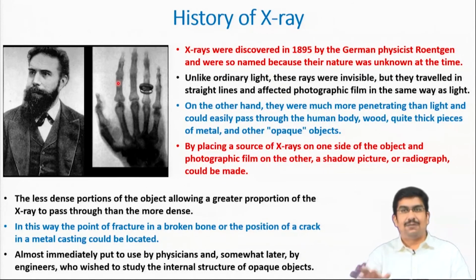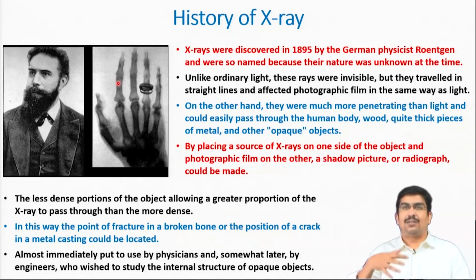So the first difference is that these are invisible to the human eye. And another difference, he very quickly realized, is that unlike light, these new rays, the X-rays, have a much better penetrating power. That means they have higher energy than visible light.